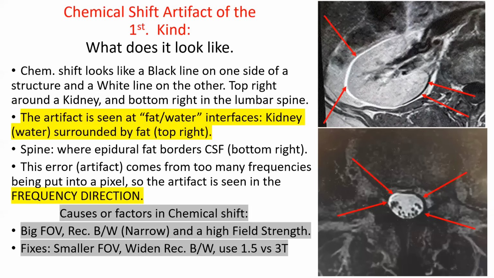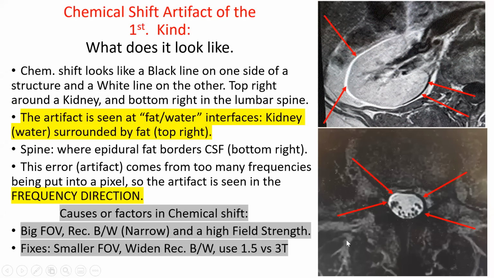Okay, so here's the kidney again, exact same picture that you just saw. The artifact is seen at fat water interfaces, right here, black line, white line. You also see it, it's kind of subtle, but I'll bet you any money you don't even notice it on your spines. Here is a spine at 3T. You can see the black line here and the white line over here.